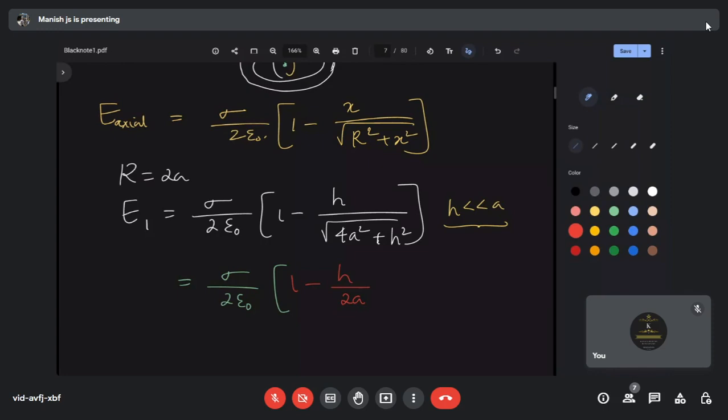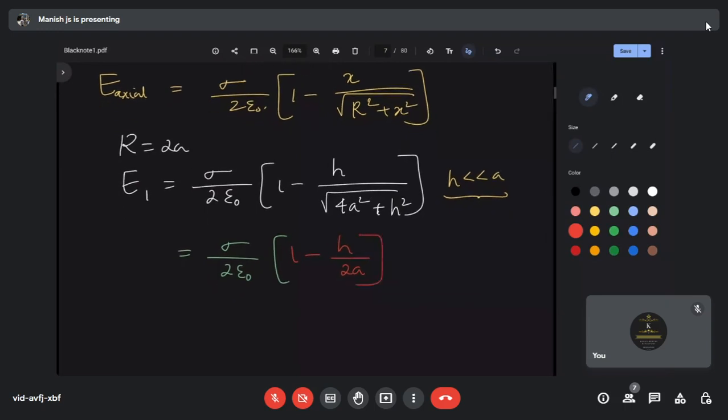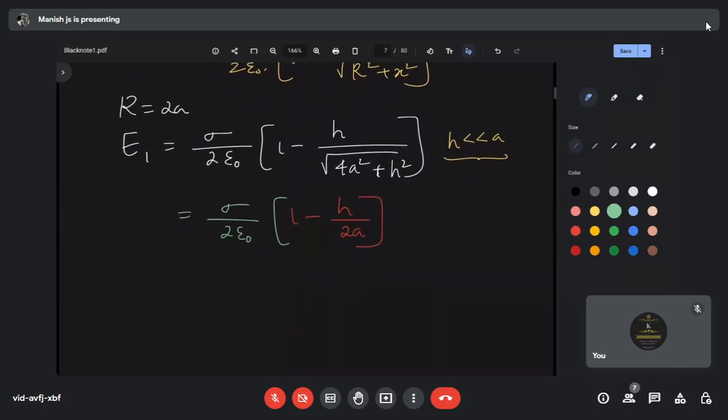So you neglect the h square term. That term is tending to 0, so you just neglect it. So root of 4a square becomes 2a. So this is what we have.